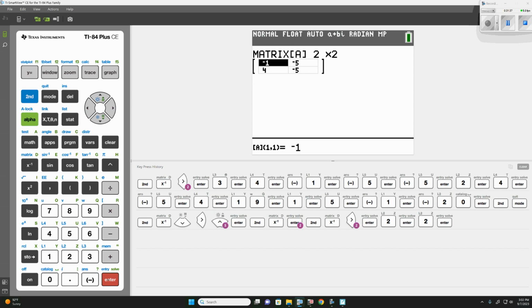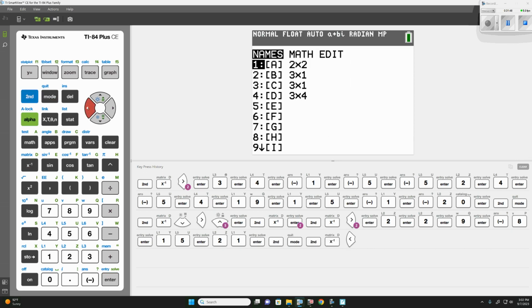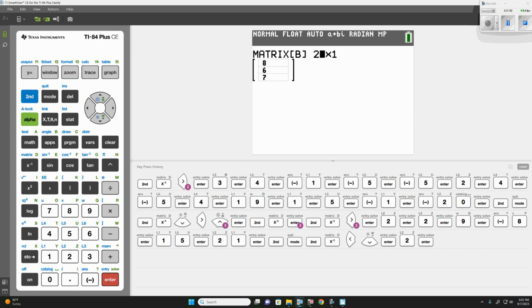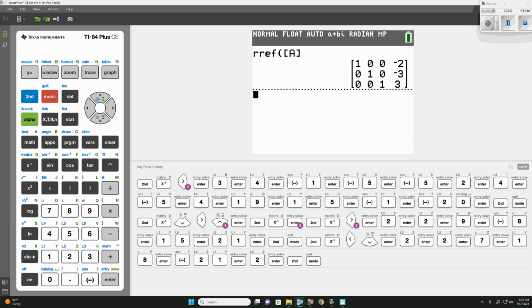So we have 9, -8, 15, 21. Second quit, second matrix. This time we want to edit matrix B. 2 by 2. 7, 18, -21, 2. Second quit. So we just typed the first matrix into A, second matrix into B.